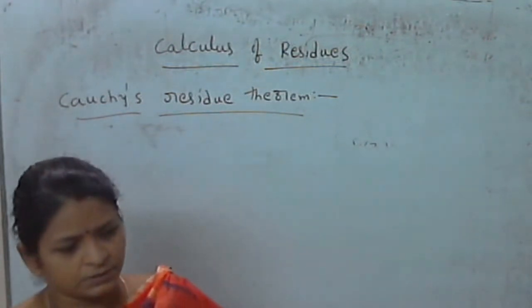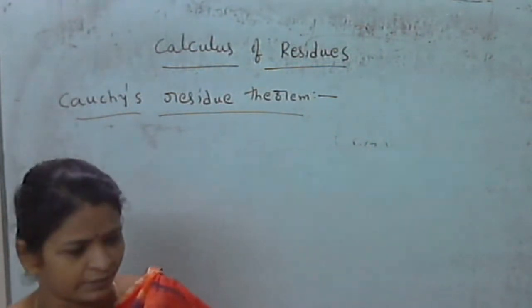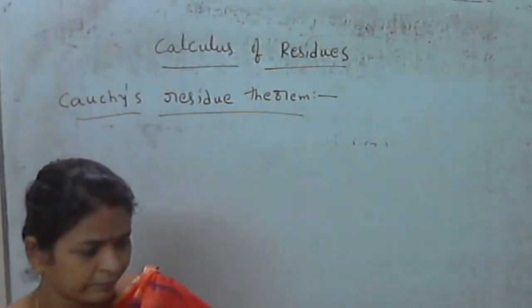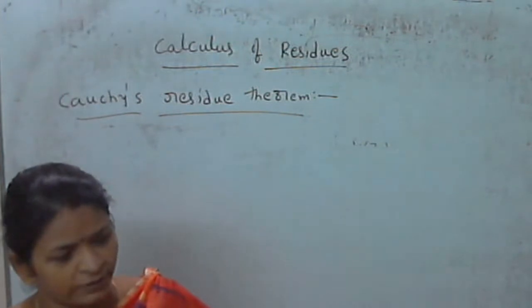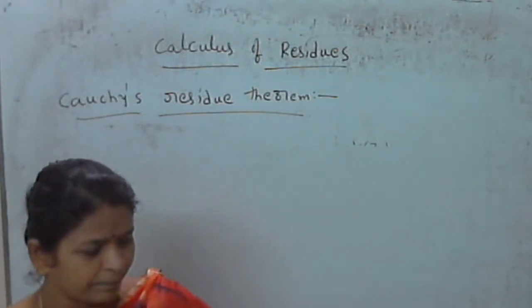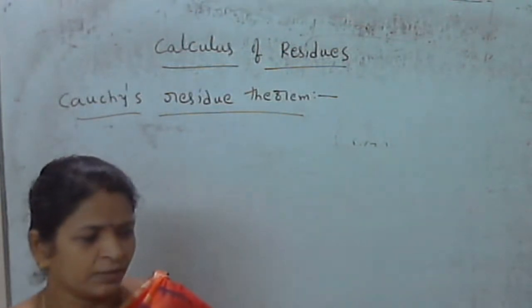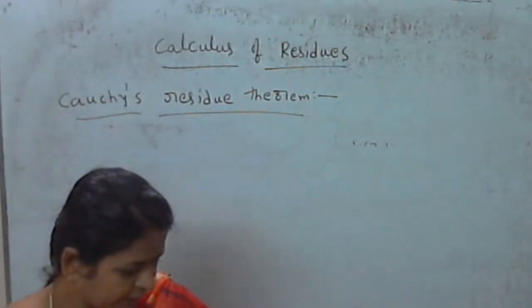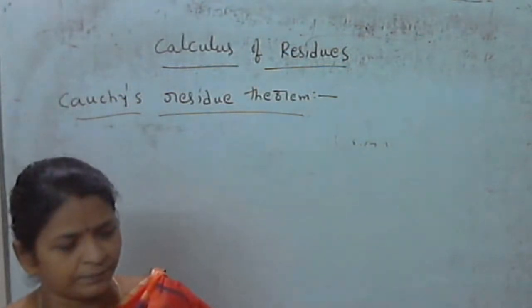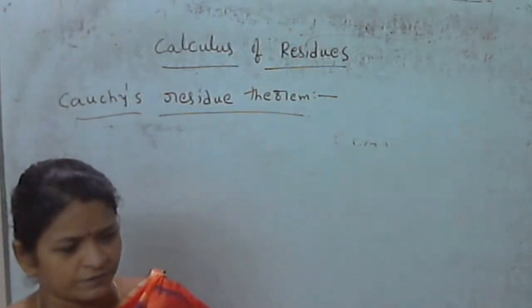A pole of the function is a point at which the function is not analytic. If the point comes m times, then it is a pole of order m. If z equal to a is a pole one time, then it is called a simple pole. Next, residue means the coefficient of 1 by z minus a in the expansion of f of z.